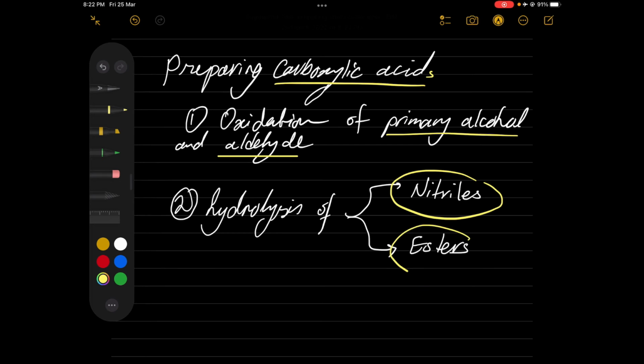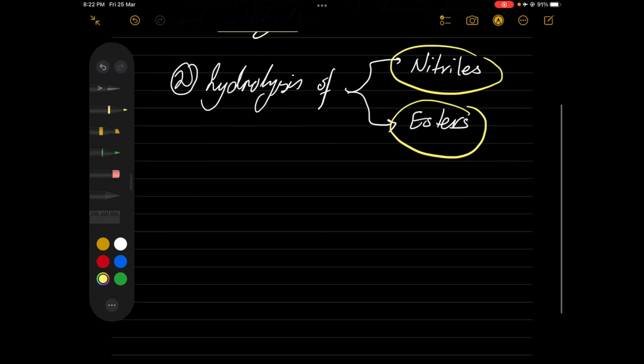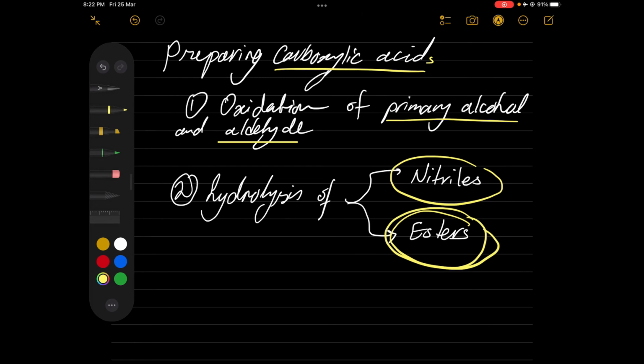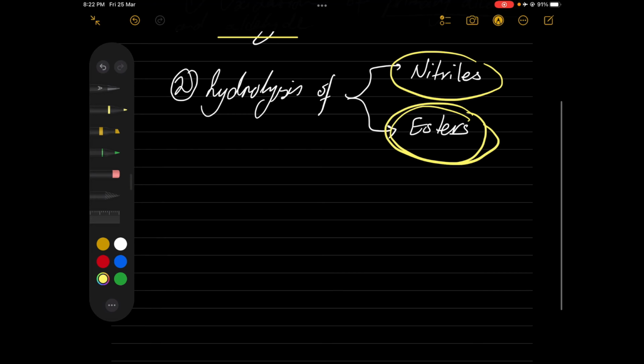And now let's go to the hydrolysis of esters. If we make hydrolysis for esters, we could have carboxylic acid. So how can I make hydrolysis for ester? Okay, so let's take a normal ester, for example, CH3, CH2, C double bond, O, C2H5.